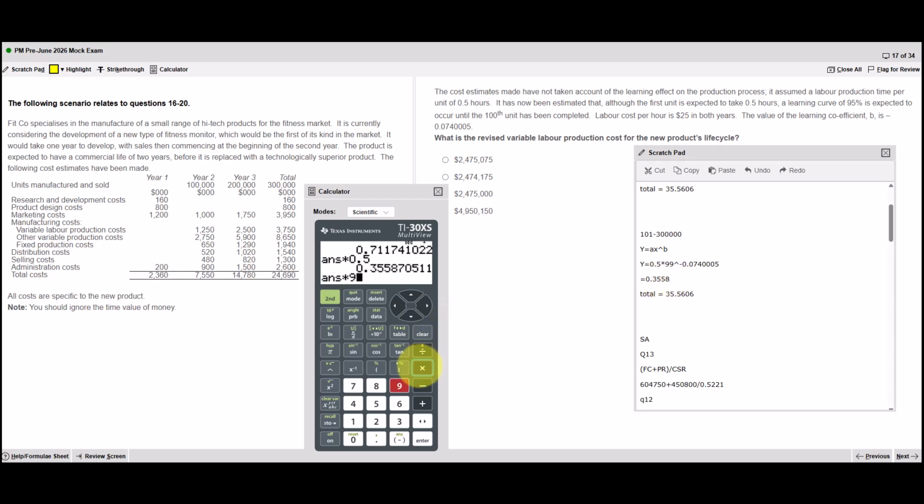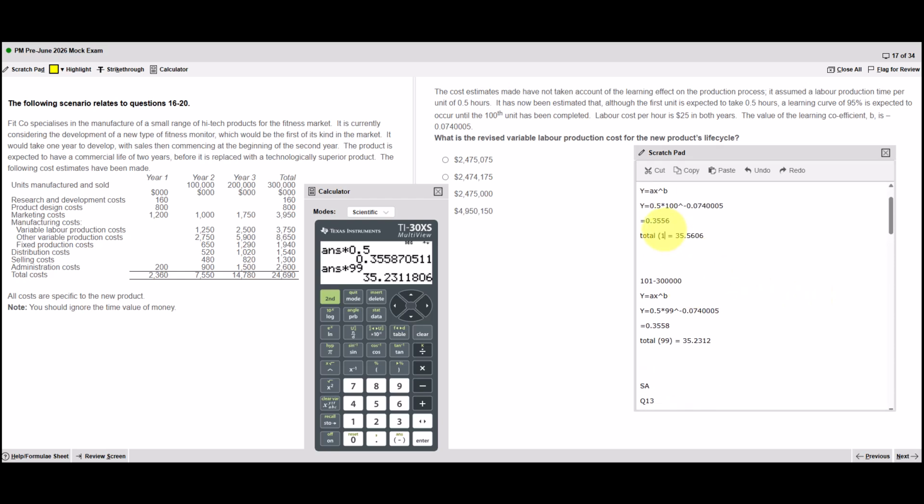If I multiply that by 99, I get the total time, which is 35.2312. Remember, this is total for 99. This is total for the first 100. Therefore, the difference is 0.3294. So instead of taking a half hour from units 101 onwards, it takes 0.3294 hours.